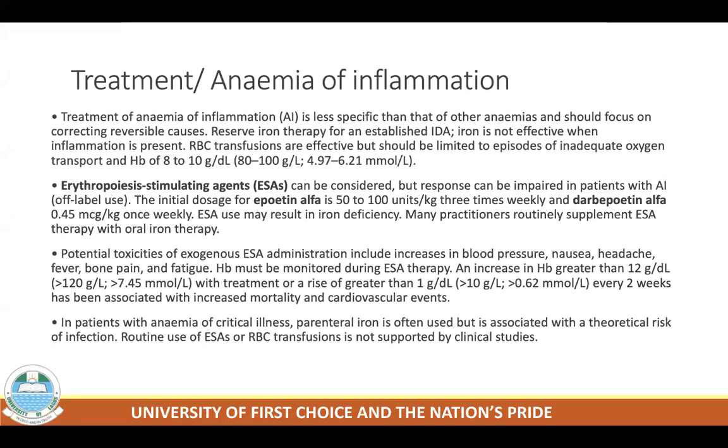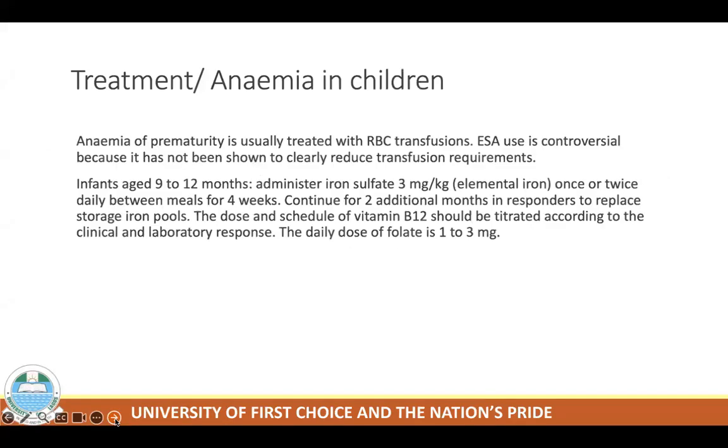I've observed patients on epoetin alpha on and off for a couple of years, especially those with cancers. Darbepoetin alpha, not so much, but at least epoetin alpha, I've seen someone use for up to 2-3 years. Now, routine use is not supported by clinical studies. It shouldn't be used routinely because of the dangers that are also likely to come up.